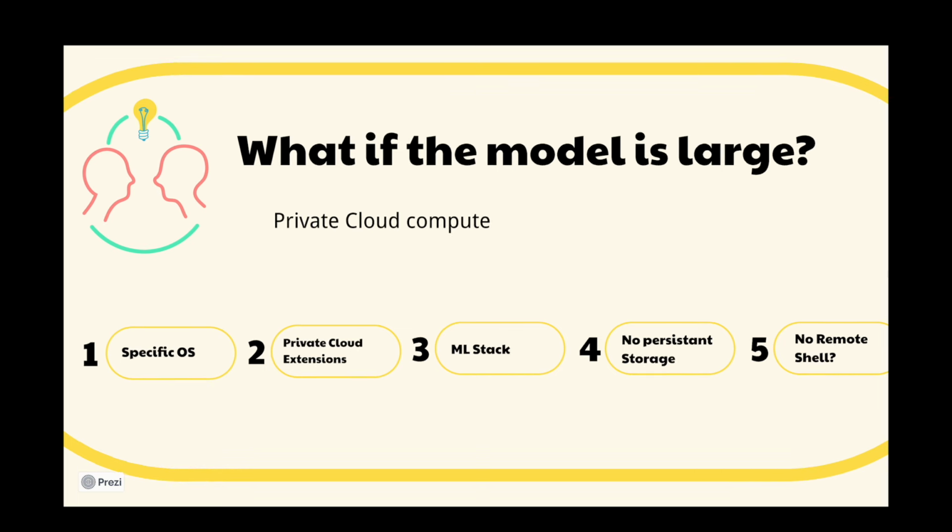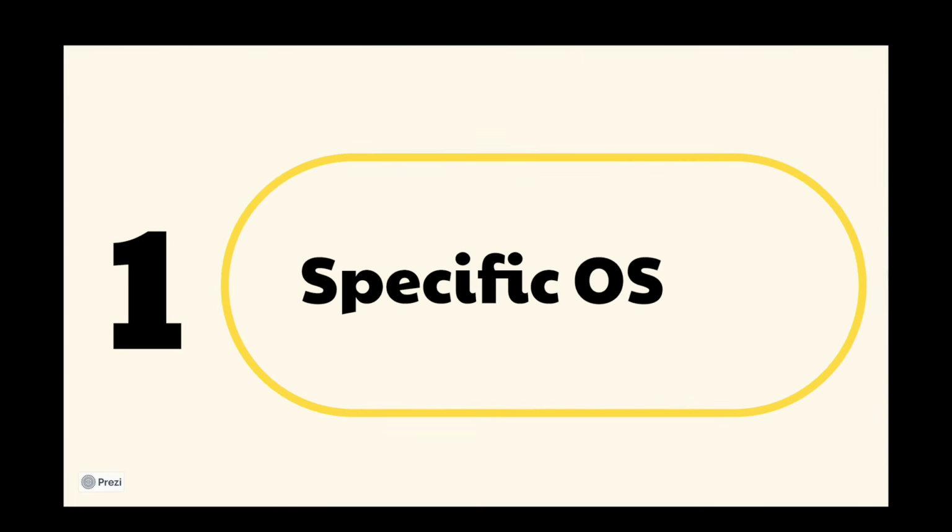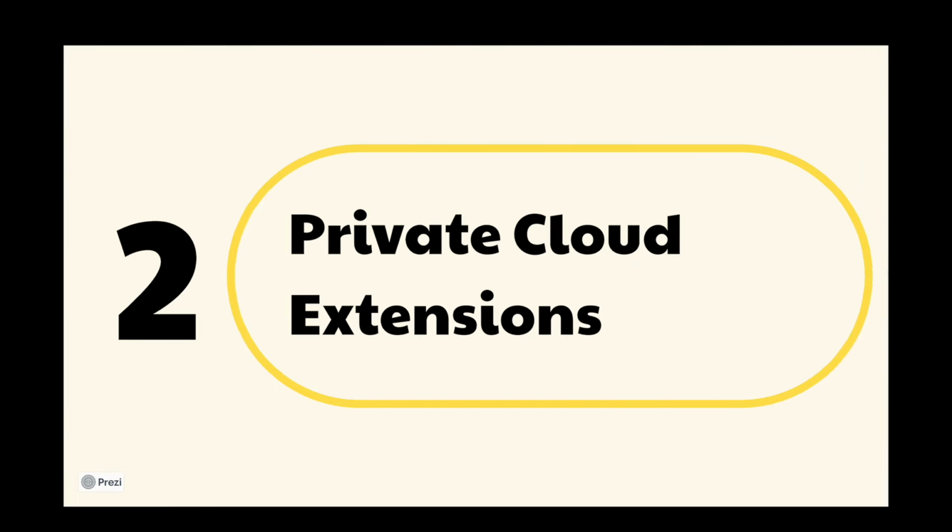So what if the models are very large and they cannot be handled by the device? So we need a private cloud compute that is developed by Apple to give you a safe environment to execute your code while preserving your data privacy. So the first thing is the OS is very specific. All of the general purpose things are removed from it.